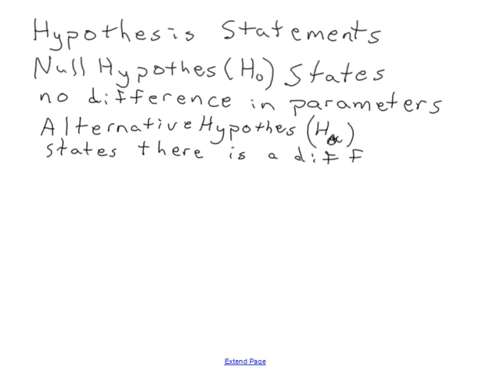And those differences could be not equal to, that would be different, less than, or greater than. Those are the three types of possible differences. We're going to look at an example where we're just looking at the null hypothesis and creating it.